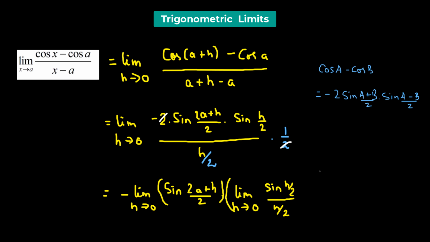So this by definition is going to be equal to 1. So that will leave us only with the single function sine of 2a plus h over 2. So substitute for the value of h. So that is going to give us negative sine of 2a plus 0 over 2. So that gives us the final value of negative sine a. So this is the limiting value of the given function when x approaches a.